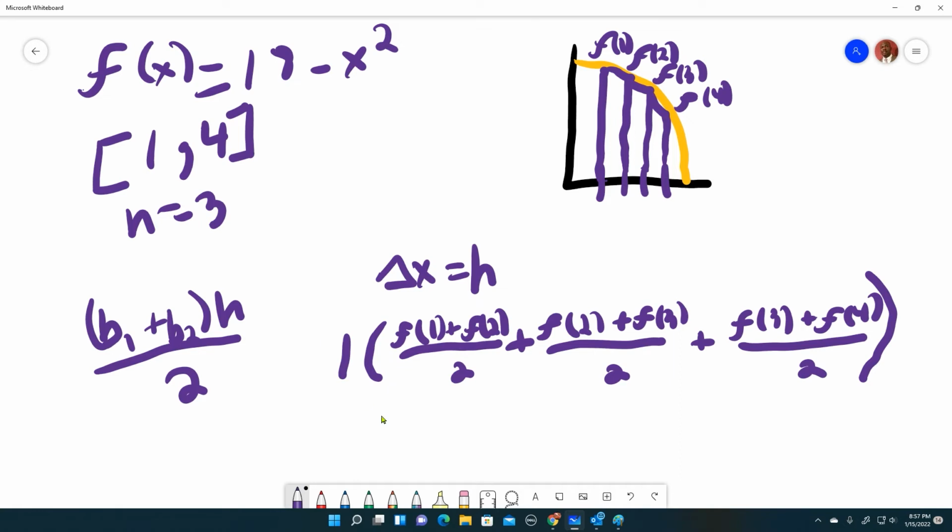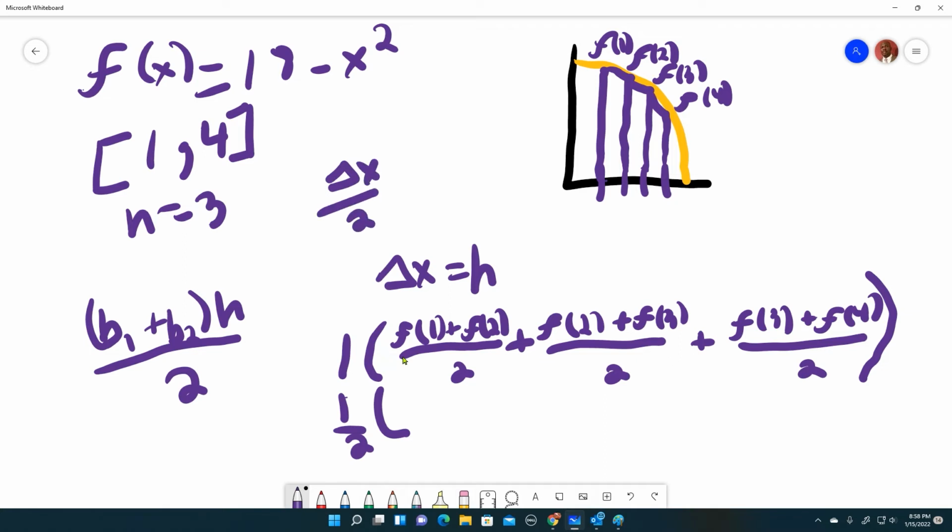Now I think it's obvious how the area looks. So now I am going to pull this 2 out. And what I'm going to have in front is a 1/2. It won't always be a 1/2, but it will always be delta x over 2. So anytime I do the trapezoidal rule, I can pull out delta x over 2 in front.